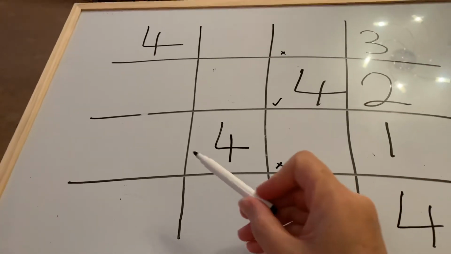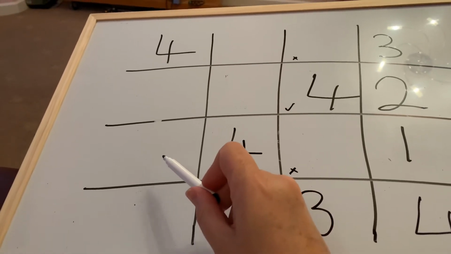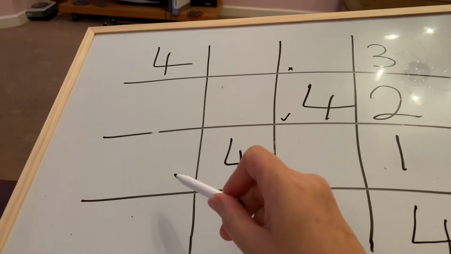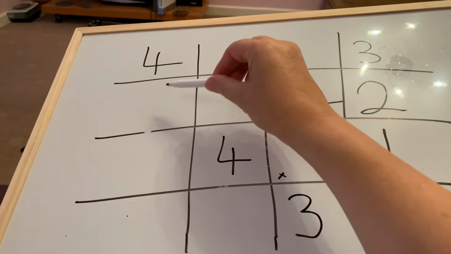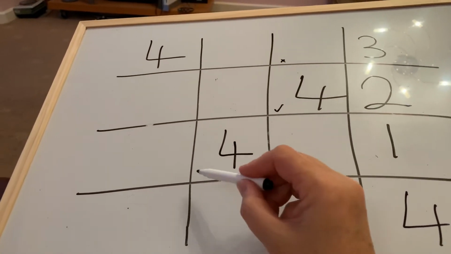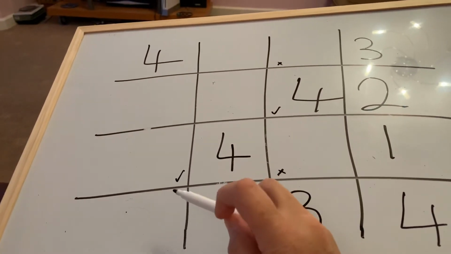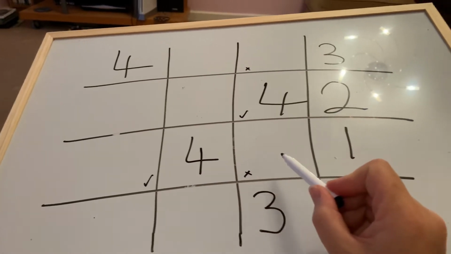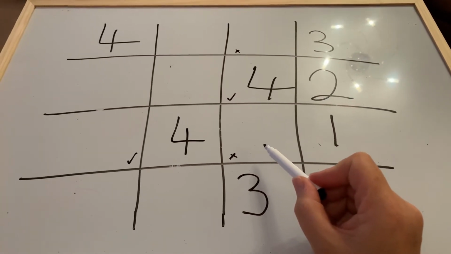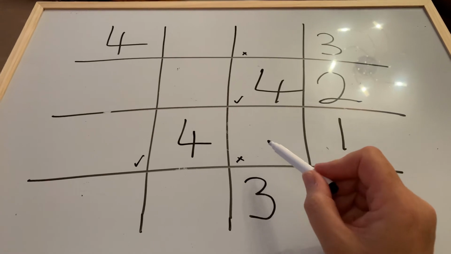So, if I go to here, because I need a 3 in this row, let's look at the column. Is there a 3 in that column? No, so it could be there. Just check. Let's go to the next empty box. Right, so here, could I put a 3?